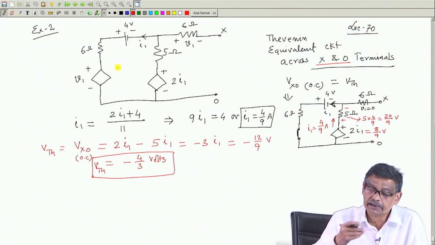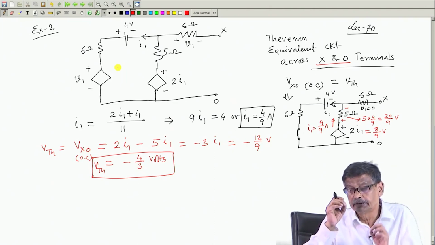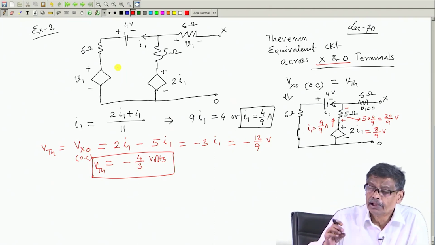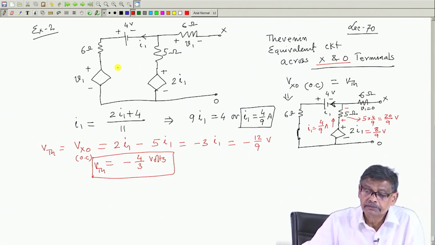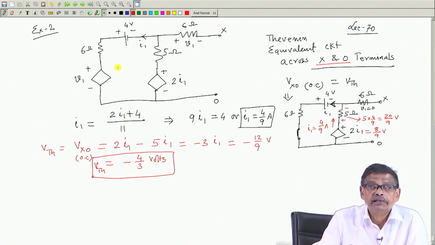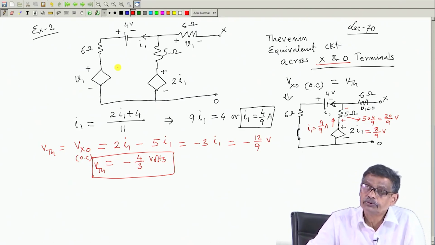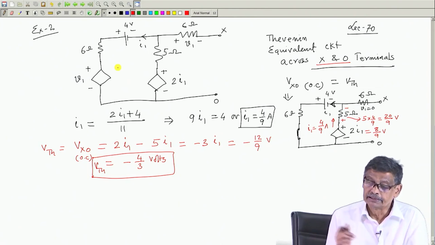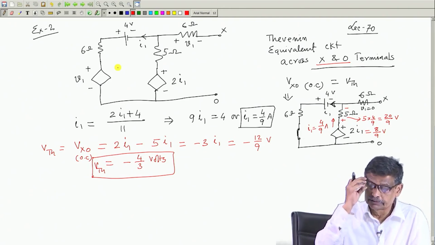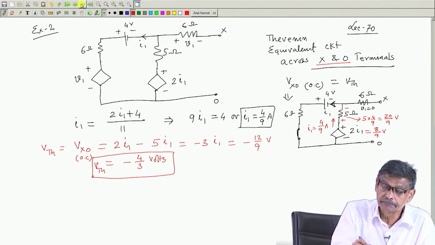Once again, please put this in your head: while finding out the R Thevenin's, dependent sources should be in the circuit, and it is the independent sources which should be replaced by their internal impedance, to find out Thevenin's resistance.